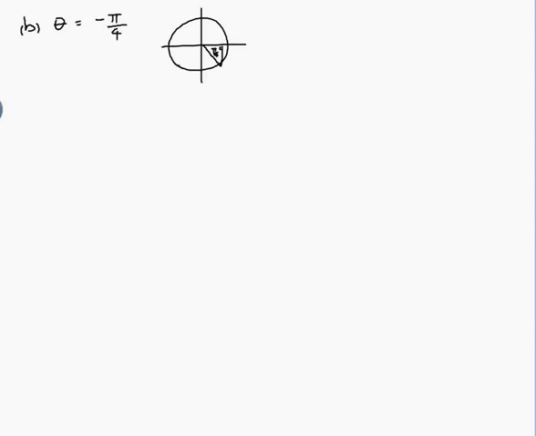So sine and cos of minus pi on 4 are going to be related to sine and cos of pi on 4. So just to make that completely formal, sine theta is sine of minus pi on 4. Okay.